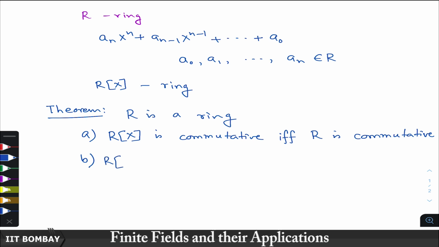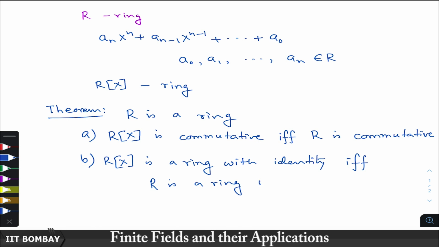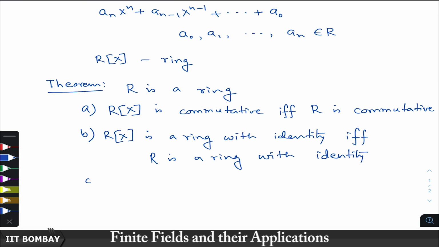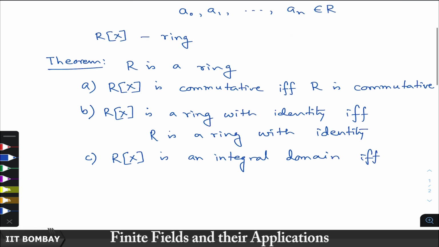Second, R[x] is a ring with identity if and only if R is a ring with identity. And third is that R[x] is an integral domain if and only if R is an integral domain.